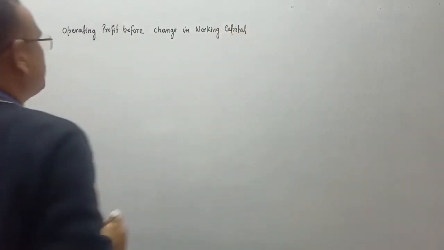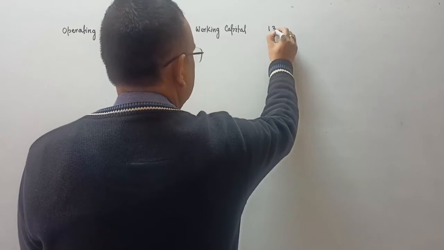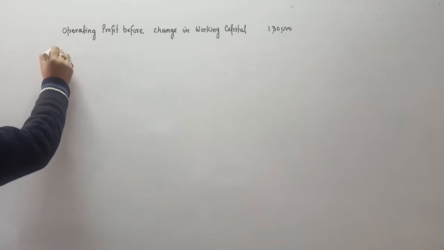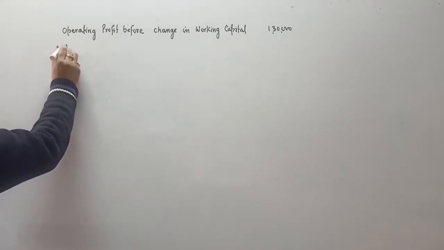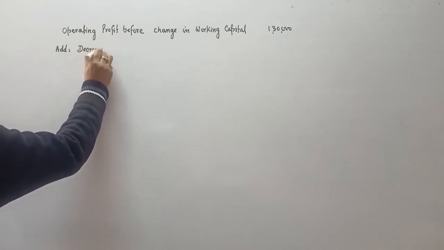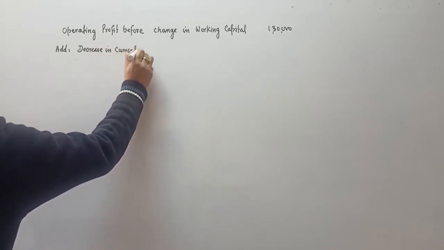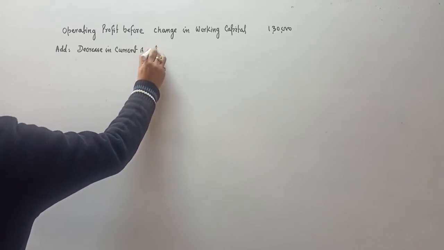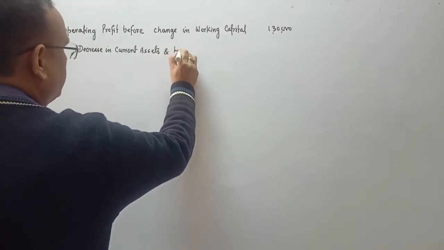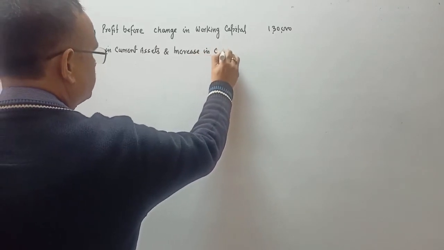So the operating profit before change in working capital, this is clearly given in the question, 1,30,000. After that, we add decrease in current assets and increase in current liabilities.